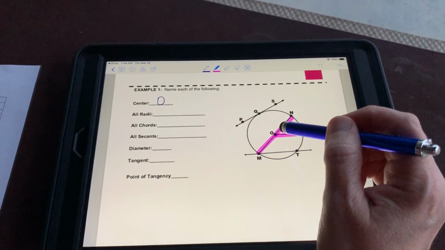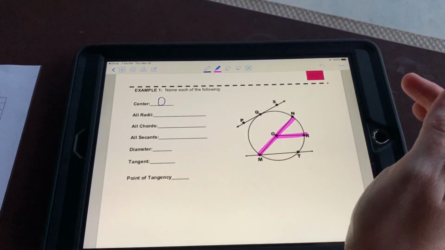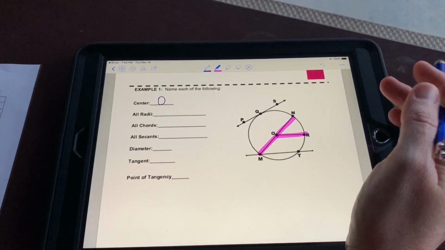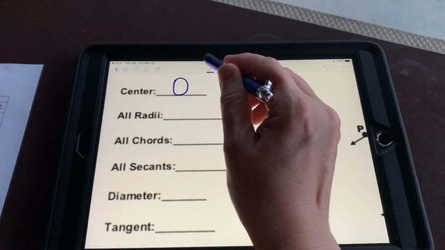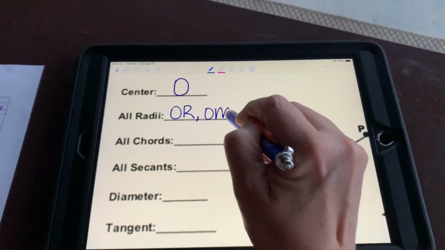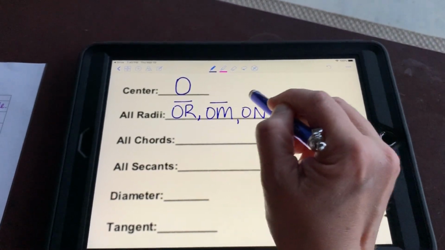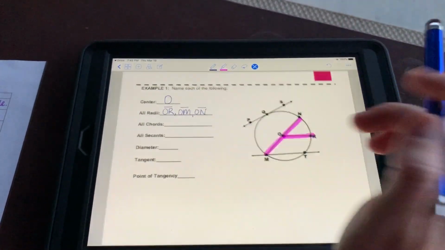We could name a couple other radii here, but they're not connected, so we're not going to worry about those. So we can write it as OR, ON, and OM. So OR, OM, and ON. And because those are segments, we will put the line over it.